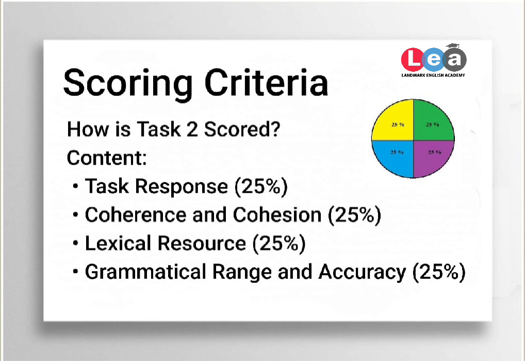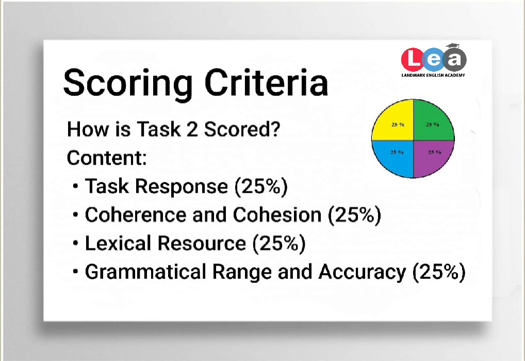So in these parameters, what we need to take care of, or what we need to get to know about each particular parameter, is how we are getting marks. For example, what is task response? In task response, your answer should be relevant. You need to understand the demand, like if they are asking for the advantages and disadvantages, you just need to mention both.